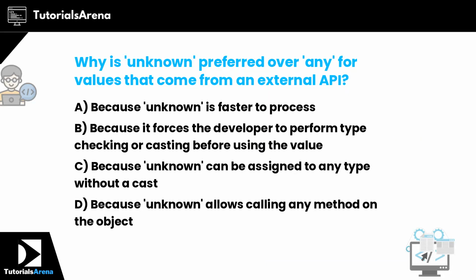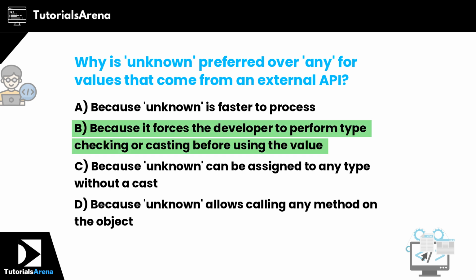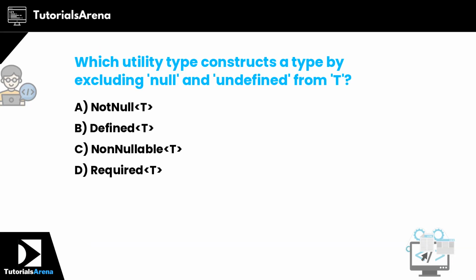Why is unknown preferred over any for values that come from an external API? The correct answer is option B, because it forces the developer to perform type checking or casting before using the value. Which utility type constructs a type by excluding null and undefined from T?